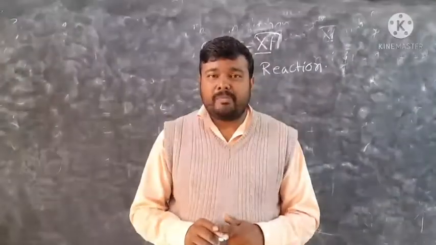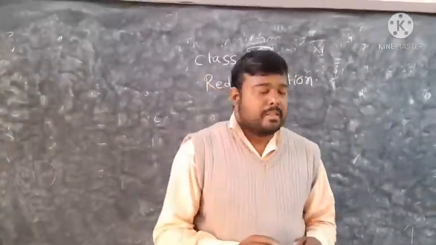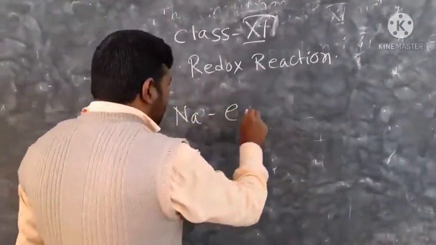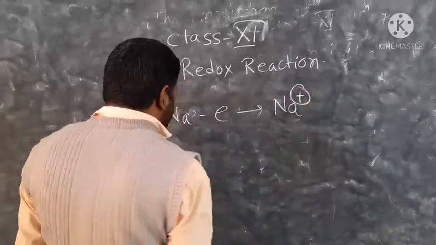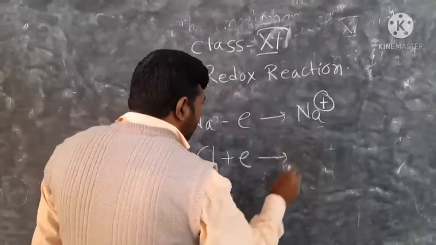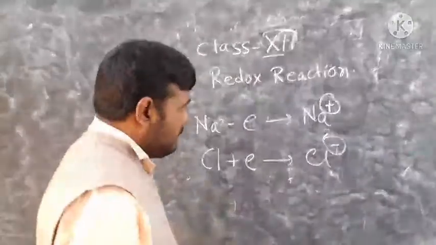According to the electronic concept, the losing of electrons is known as oxidation. That's why, if we consider that sodium loses one electron and forms Na+, that is known as oxidation. Then again, chlorine gets one electron and forms Cl-, so that is known as reduction.